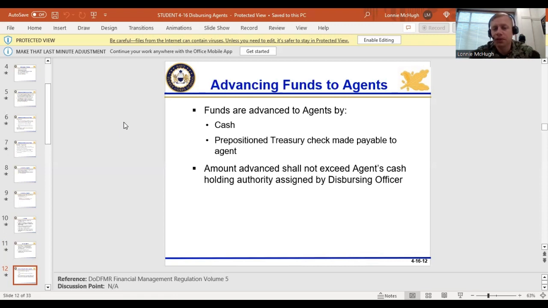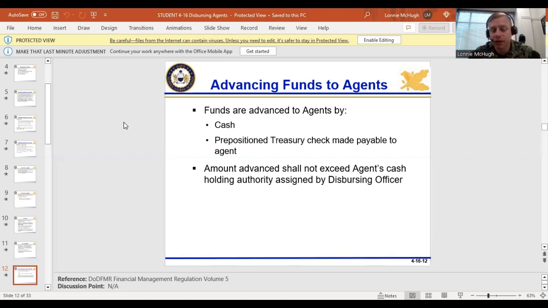So with this pre-positioned treasury check, say you're going to go on leave and they're going to be handling day-to-day operations, and say you know that your retail operation cashier is probably going to need money. Well, you give them a check in advance and they can take it to your deputy who's still there working in the office, and they can get that treasury check cashed so they can have more funds for operations.